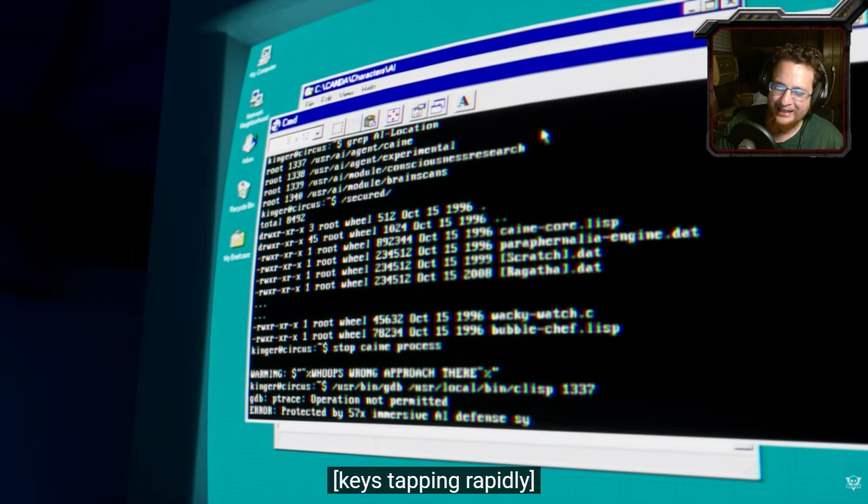You see what I mean? Like, that's so Kane coded. I don't know how it wouldn't be Kane. But anyway, he then tries to access the user 1337, which is Kane, of course. And it says operation not permitted, and that it's protected by 57, which is a funny joke that she's been putting in there. I don't remember exactly what it references, but it's supposed to be a funny joke.